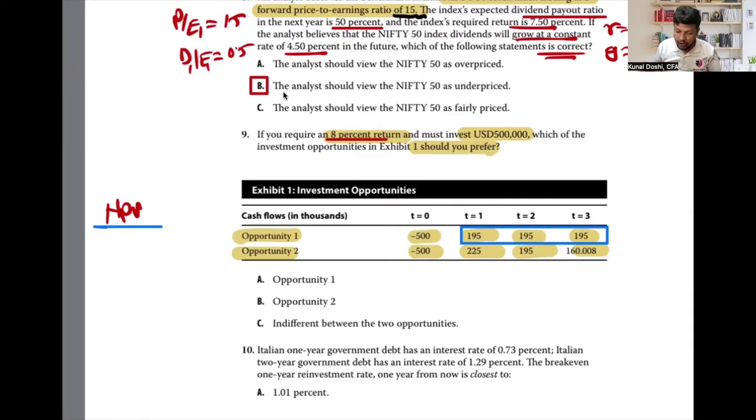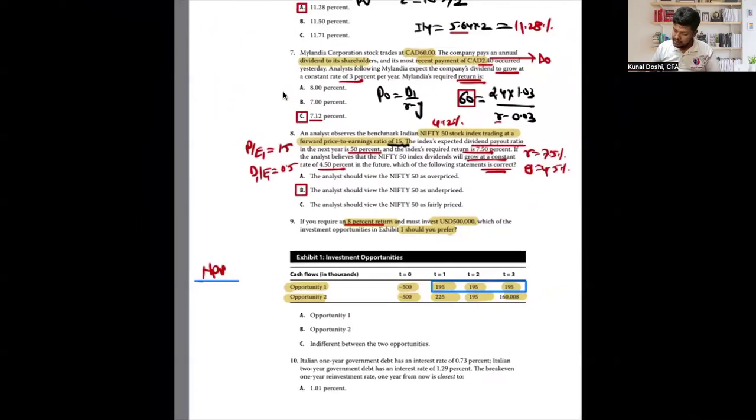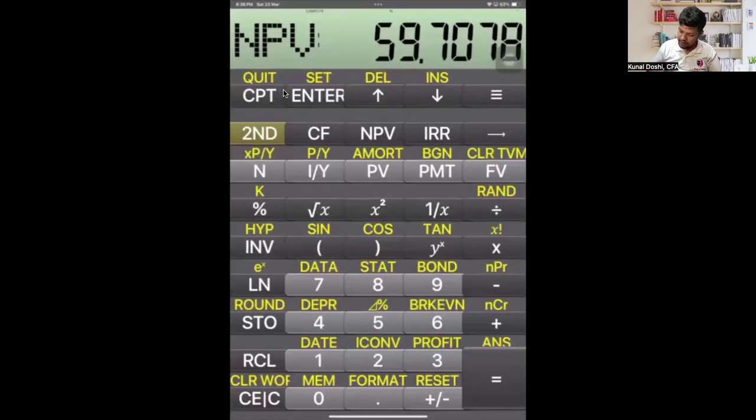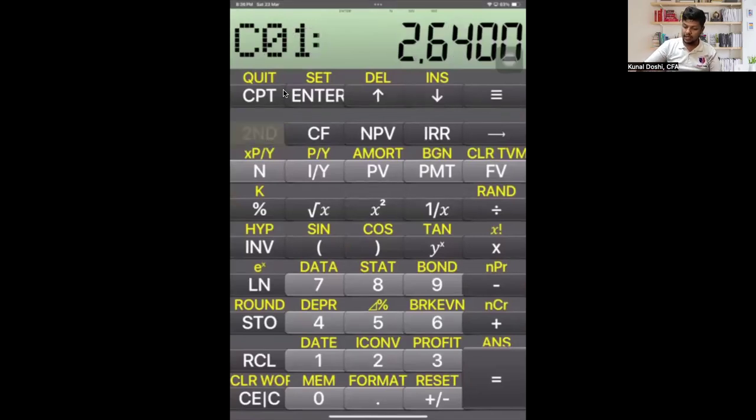So you can just simply do the present value of both and see which one is giving you the higher value. Okay, so go to your cash flow function, second clear. I need to second clear because there were some values.